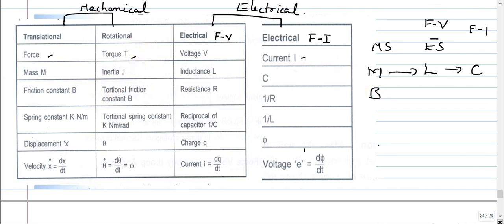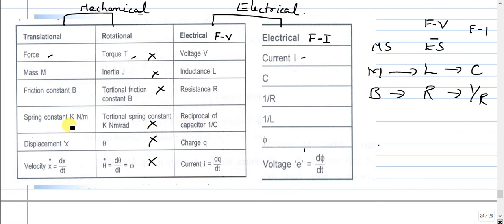Similarly, friction constant B. This you already know. We shall consider Fv and Fi. In force voltage, friction B will be replaced by R, resistor. In force current it will be 1 by R, the reciprocal.